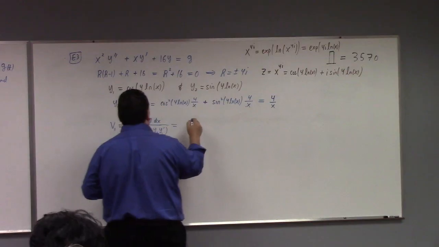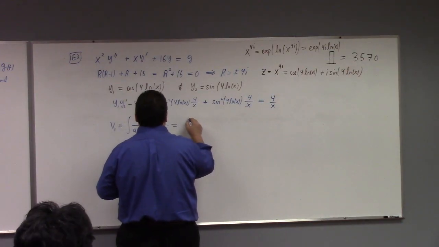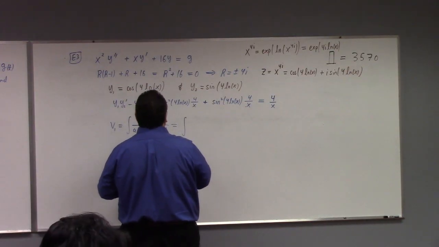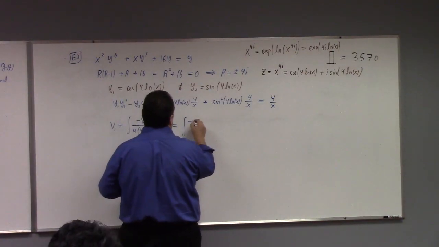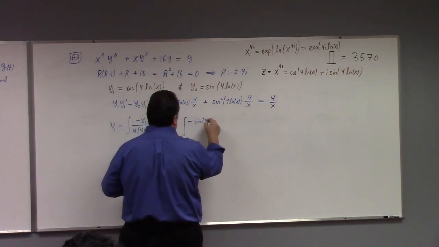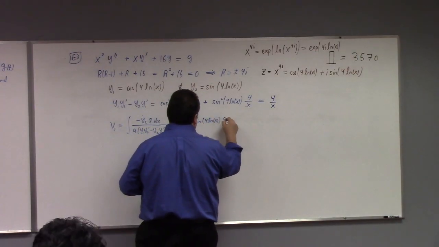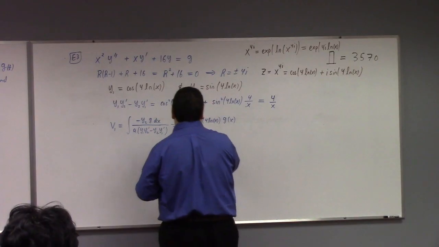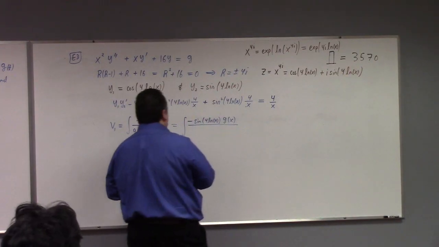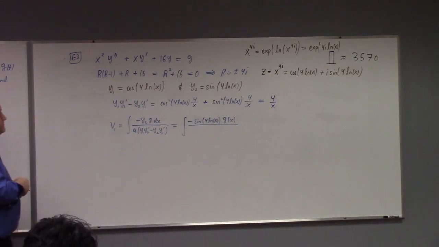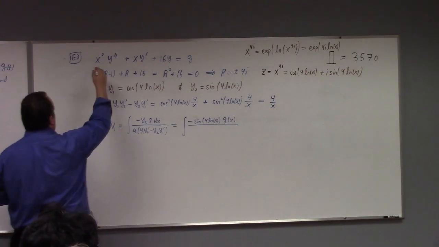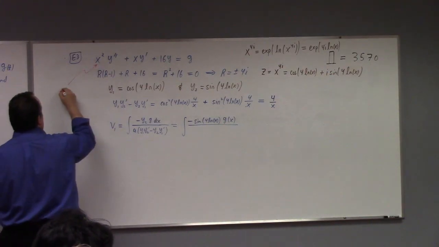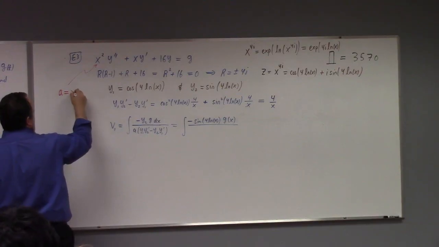And then this is the integral of minus the sine of 4 times the log of x times g of x, all divided by x. What's a? See? a, in this case, is x squared.